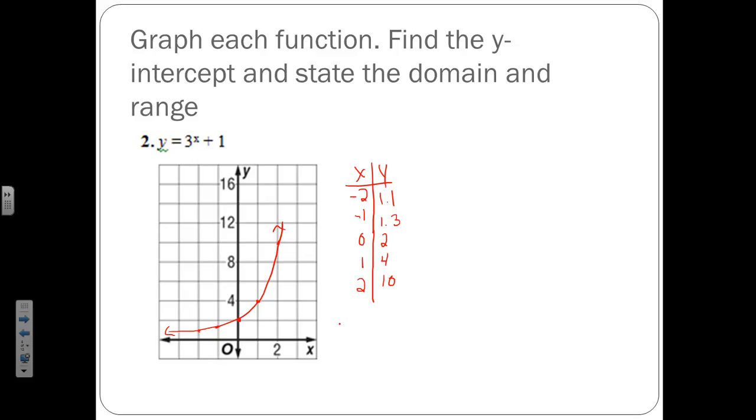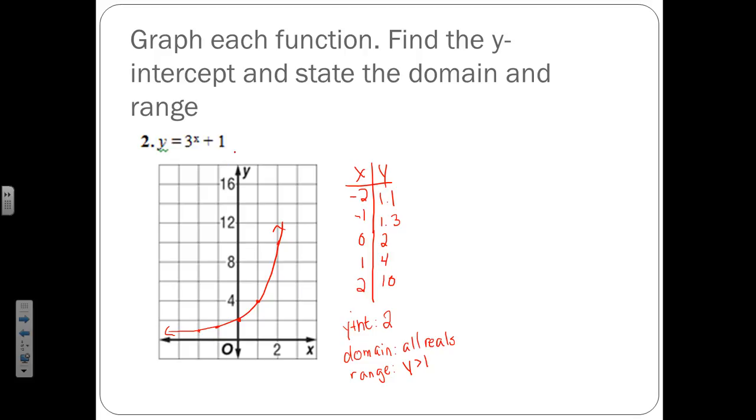Alright, now we want to find the y-intercept. And that would be 2, because that's where it crosses the y-axis and where x equals 0. Our domain would be all real numbers. And then our range this time would be y is greater than 1.